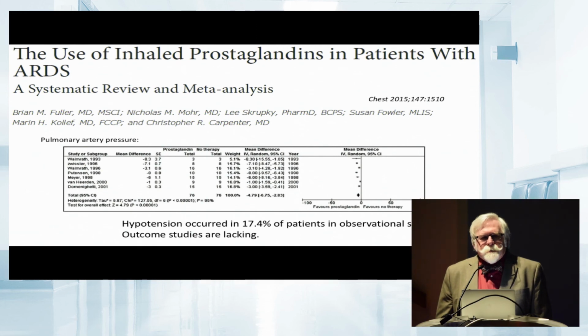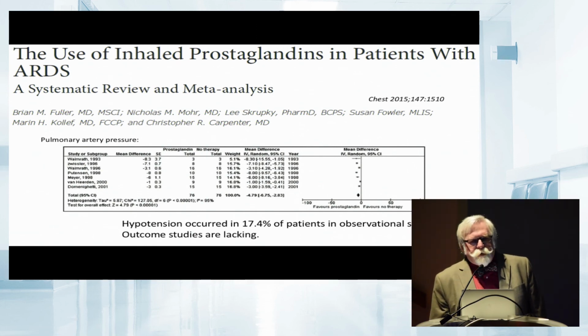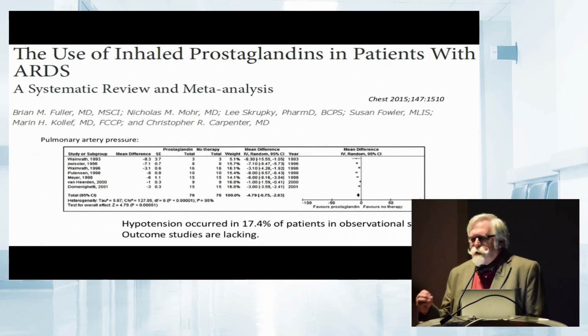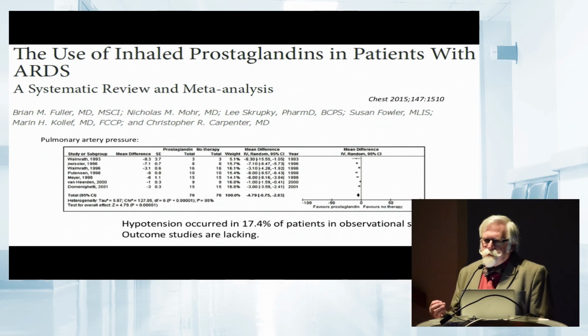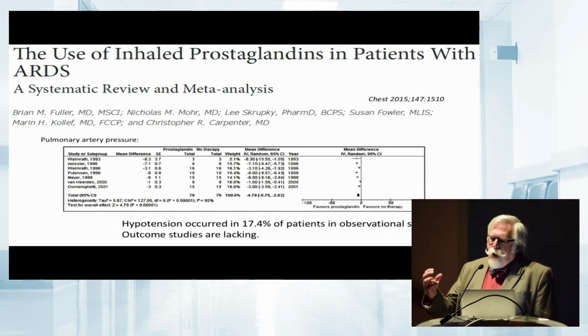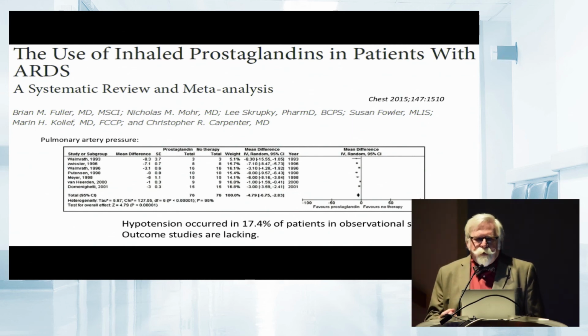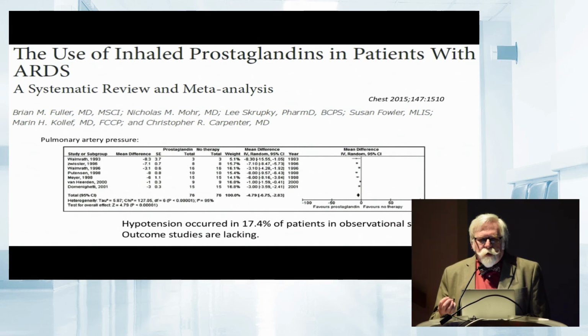That's because the aerosolized prostacyclin or prostaglandin that we deliver into the lungs may pass across the alveolar capillary membrane into the bloodstream. There may be uptake of the drug by the pulmonary circulation, resulting in downstream systemic hypotension.